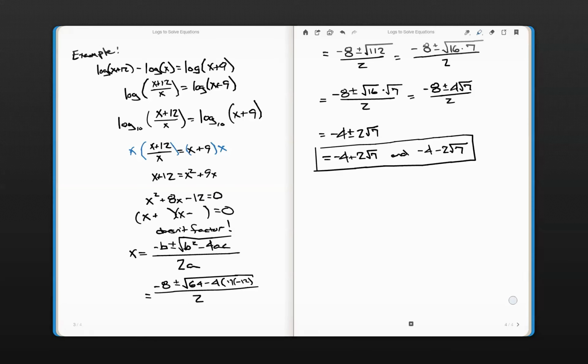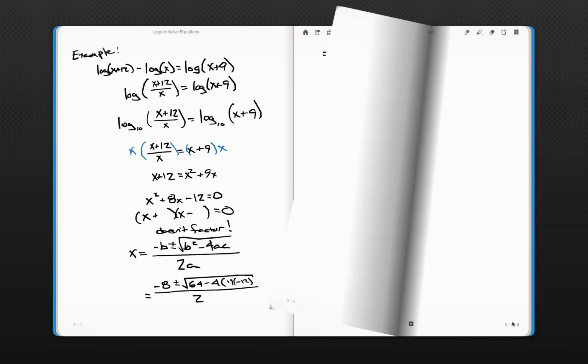Now, the much more powerful application of this log stuff is cool. Let's call this a cooler example. Is if I have some equation and I said, say, 4 to the 3x minus 1 equals 8.